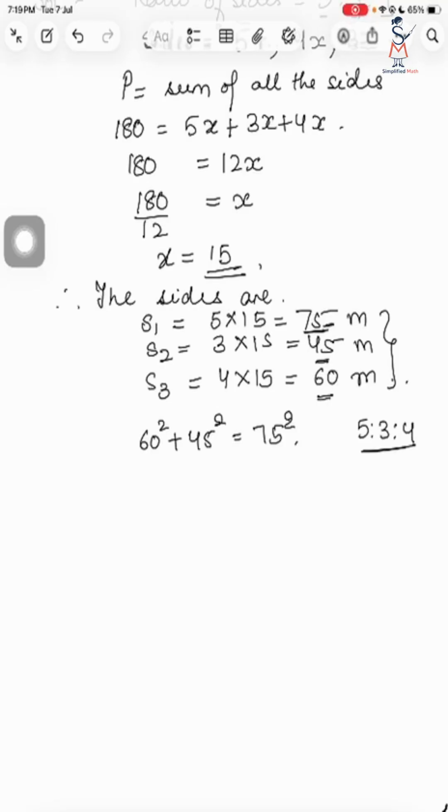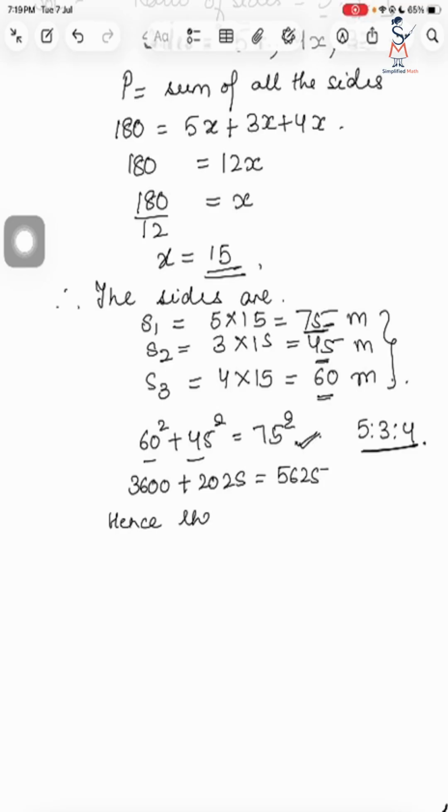We know that this is a Pythagoras triplet, right? That means the square of the greatest side, the hypotenuse, is equal to the sum of the squares of the other two sides. That is, 60 squared is 3600 plus 45 squared is 2025, and 75 squared is 5625.